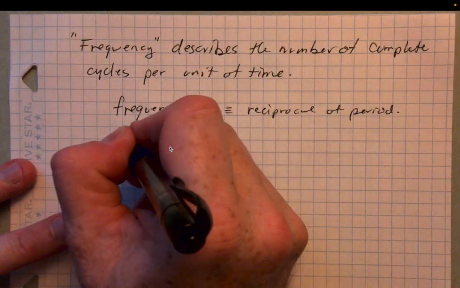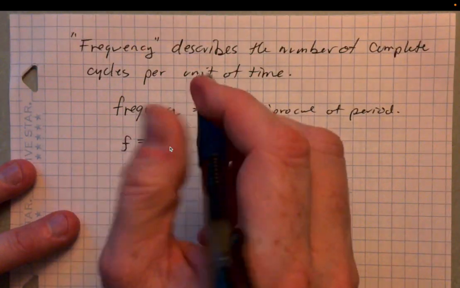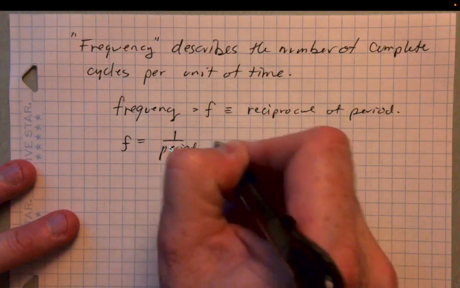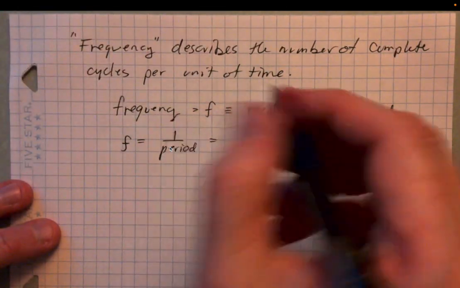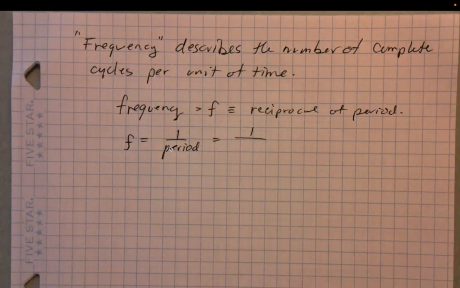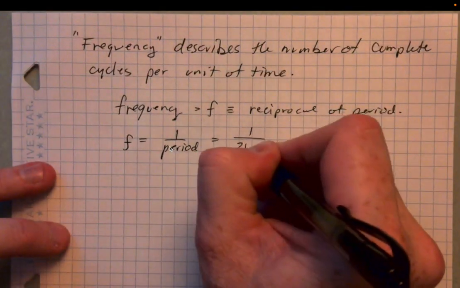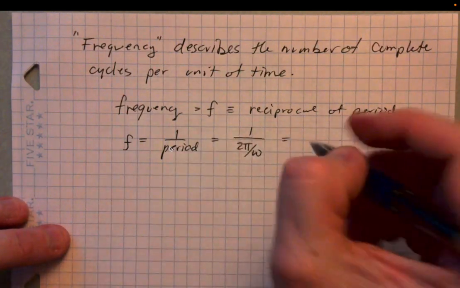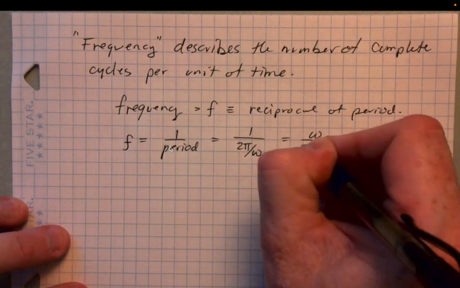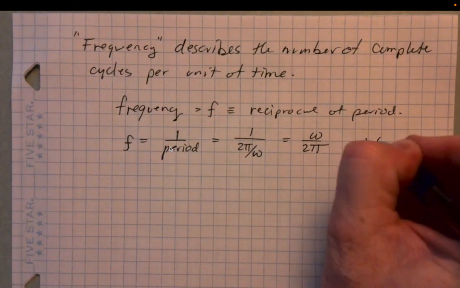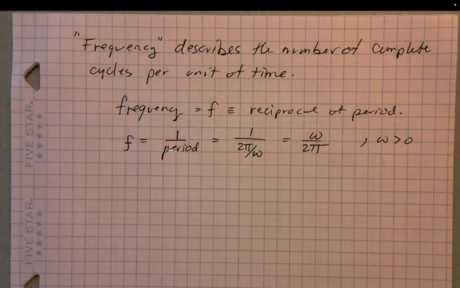So you can think of F as being equal to 1 over the period, which we know the period is 2 pi over omega. So it's 2 pi divided by omega, and so the frequency would be omega over 2 pi. Now, in this case omega is greater than 0, so keep that in mind.